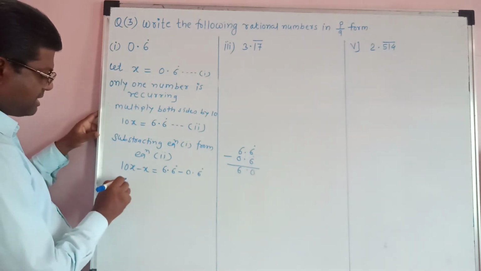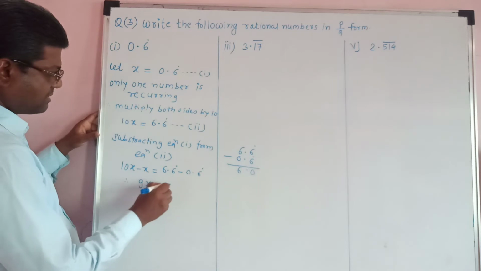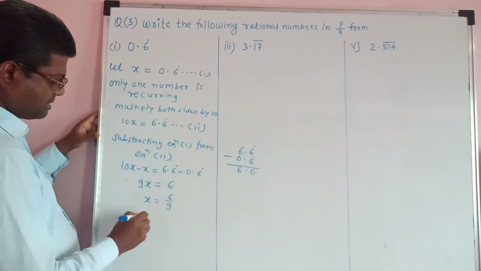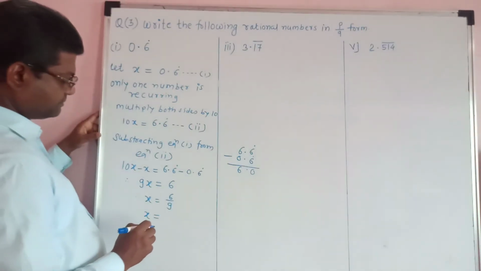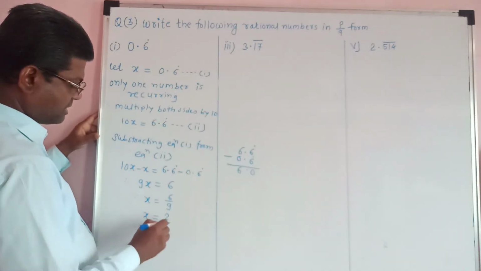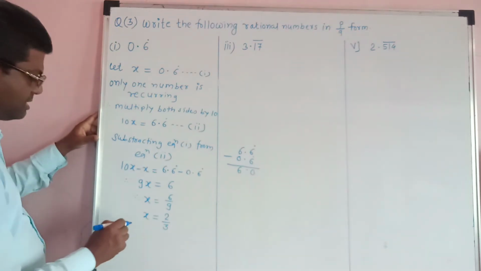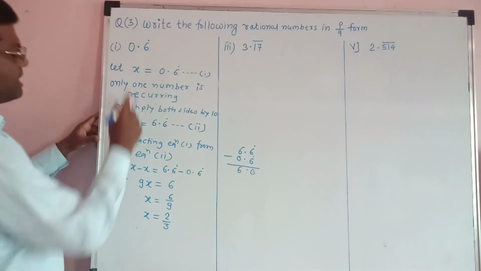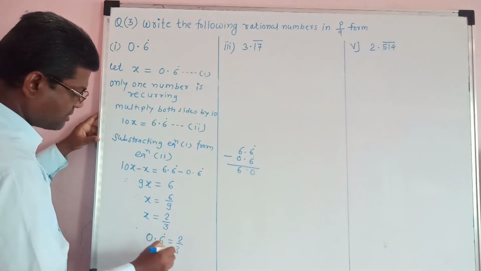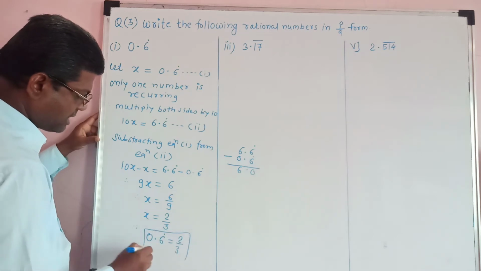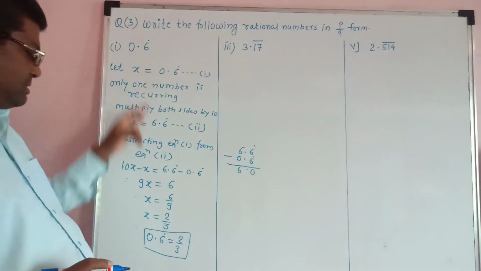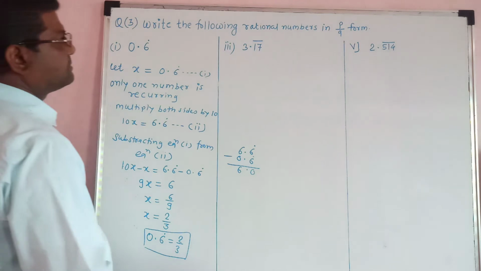Now 10x minus x will be 9x. 9x is equal to 6. Therefore x is equal to 6 upon 9. Dividing numerator and denominator by 3, it will be 2 upon 3. Therefore 0.6 dot is equal to 2 upon 3. Thus we have converted this number into a rational number.